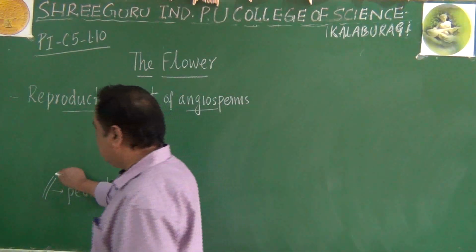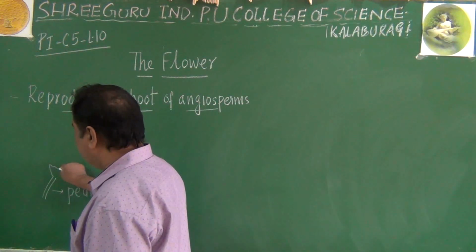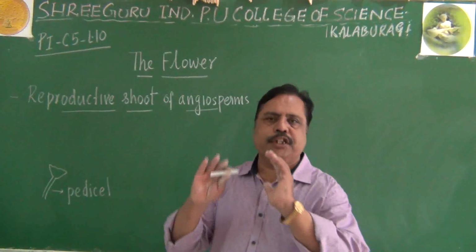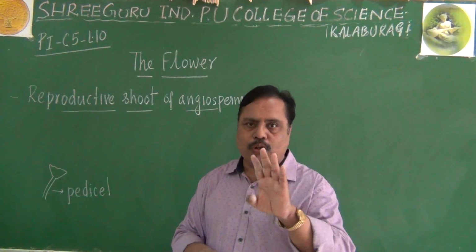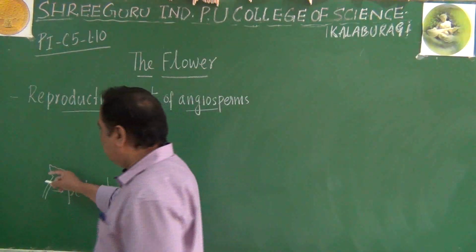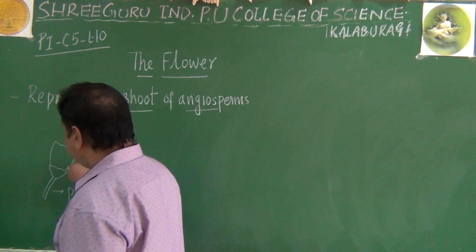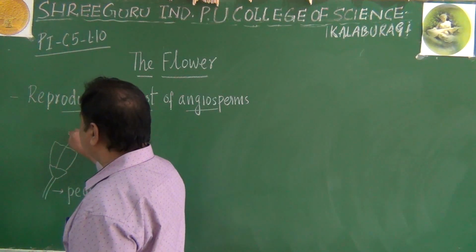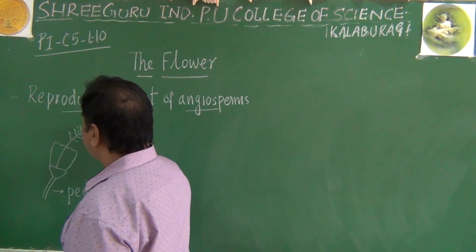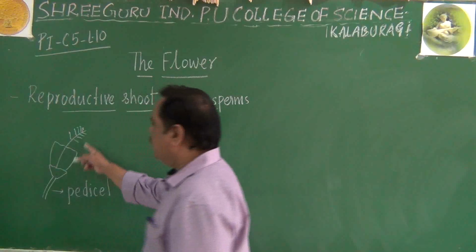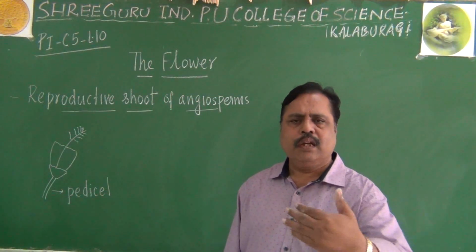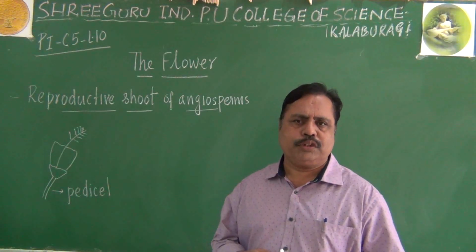At the tip of the pedicel, we come across 4 parts arranged into a flower. Those 4 parts can be drawn like this. Imagine a hibiscus flower which we have commonly seen here. It has got 4 major parts in it. How are these 4 parts produced?